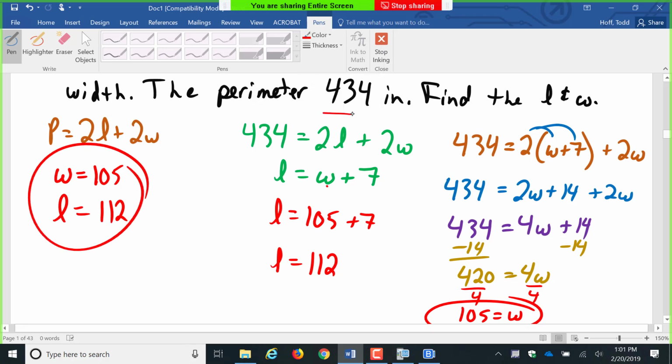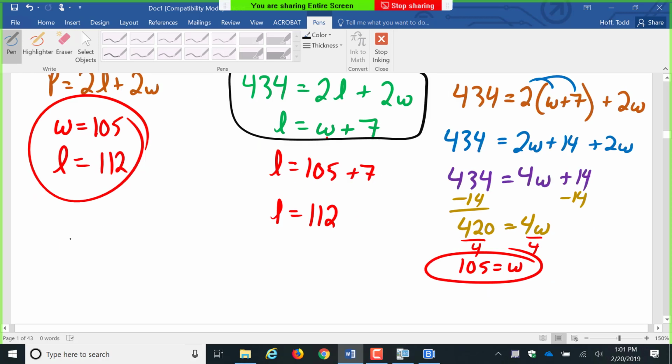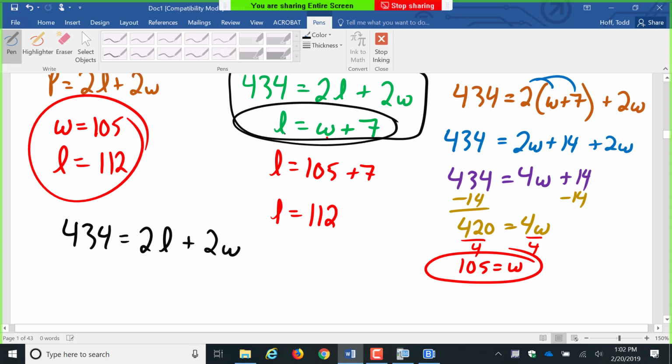Now this system right here could have been solved with addition as well. Let me show you what I mean. We have that 434 equals 2L plus 2W. In this equation here, I could have subtracted W from both sides and then changed the order. So I would have got 7.